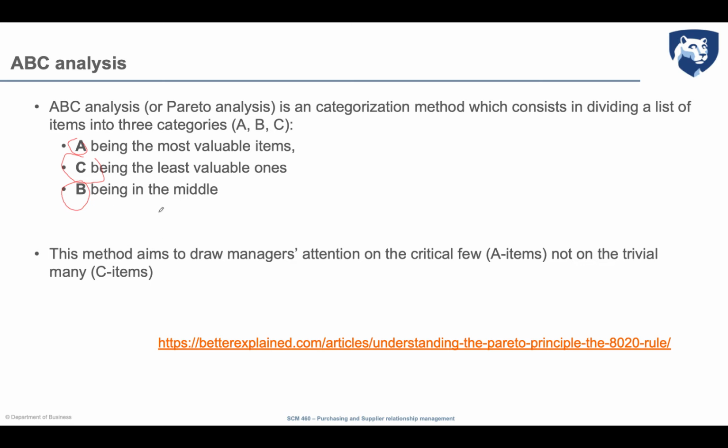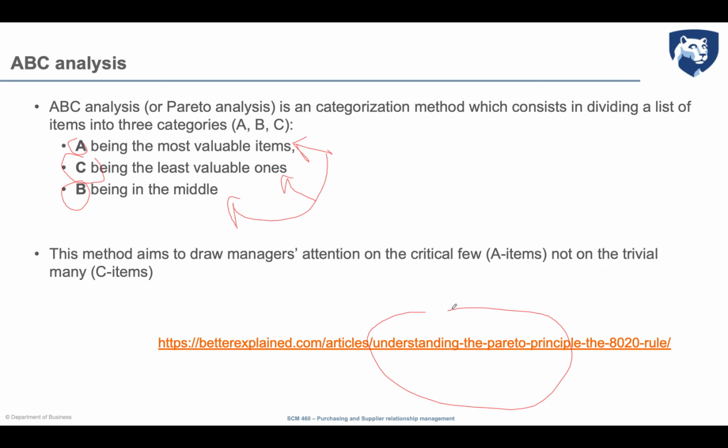Of course, the objective of this analysis is telling the manager, or the person making the analysis, to focus your attention first on items of class A, then step on to items of class B, and then go on to items of class C. I won't go through that again because I already analyzed and explained it in class.